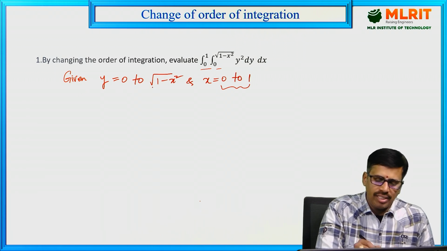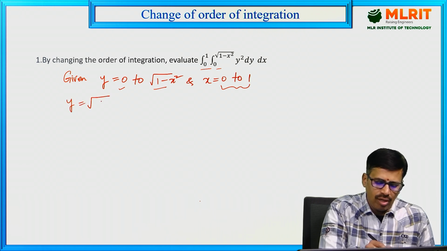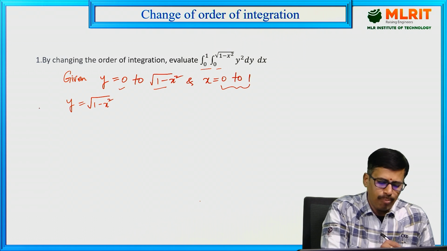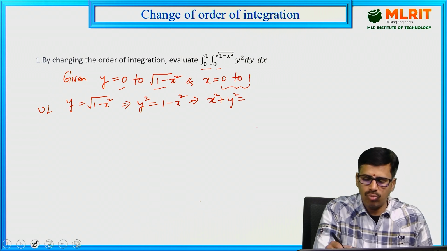So let us draw the curves y equal to 0 and y equal to under root of 1 minus x square. So y is equal to under root of 1 minus x square is the upper limit. That means if you square on both sides, y square equal to 1 minus x square. So that implies x square plus y square equal to 1.